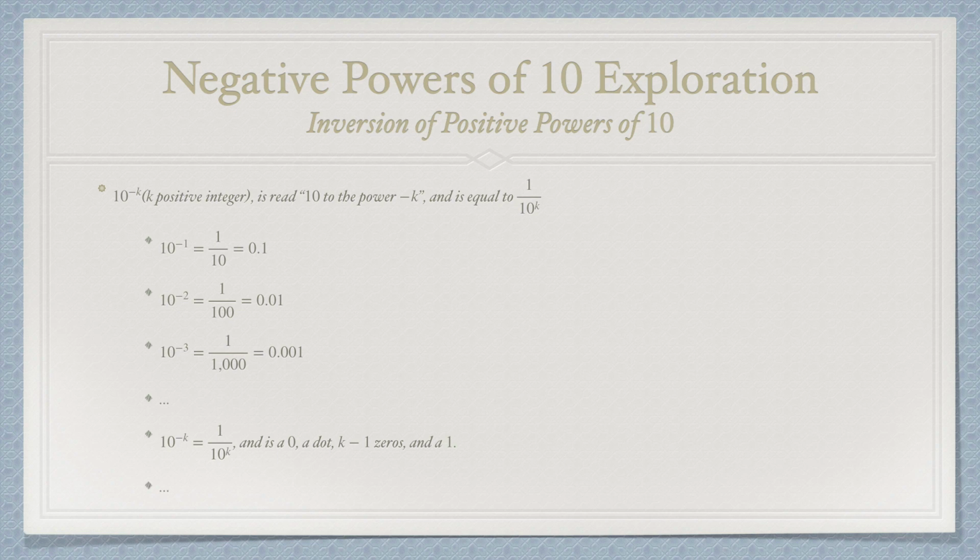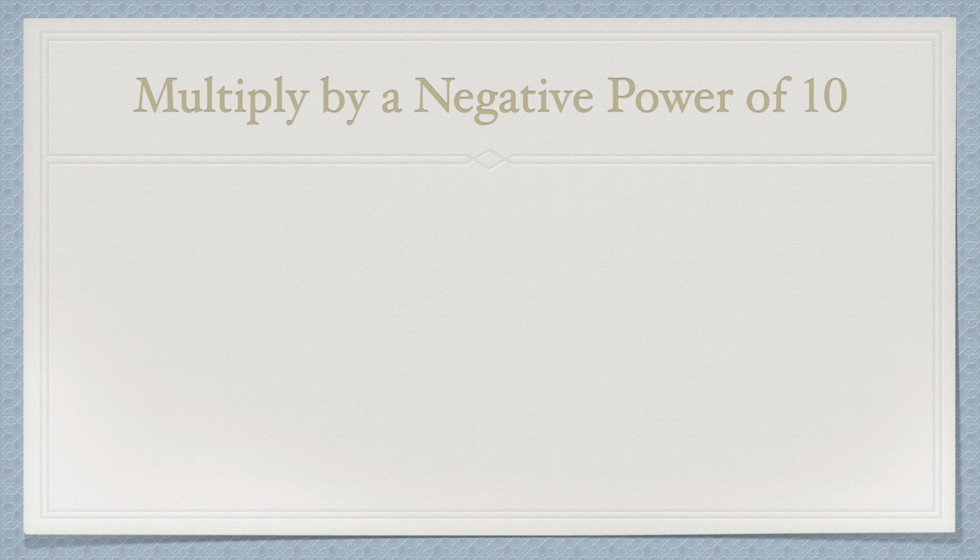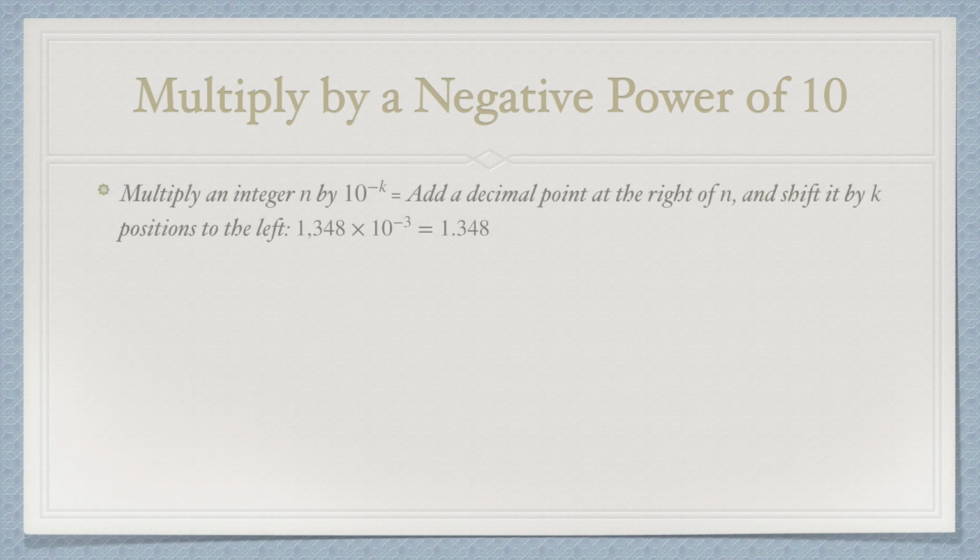And so on. Let's multiply by a negative power of 10. Multiply an integer n by 10 to the power minus k is add a decimal point at the right of n, then shift it by k positions to the left.